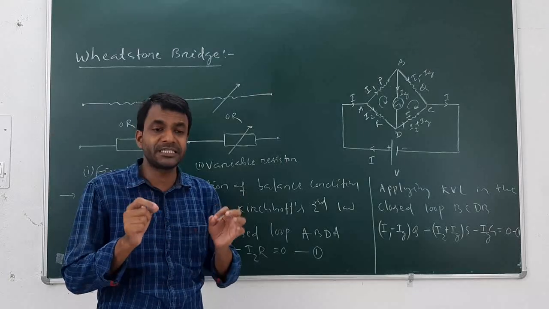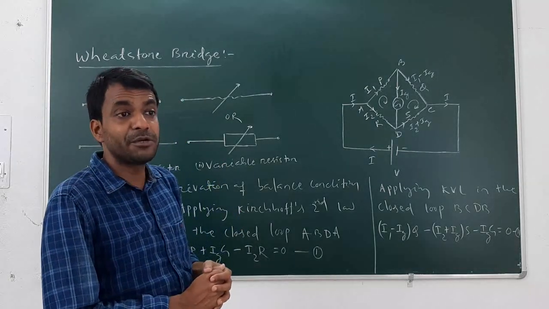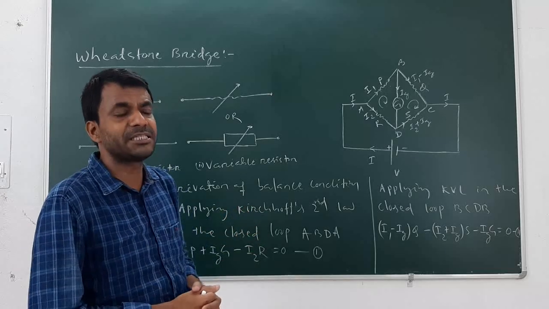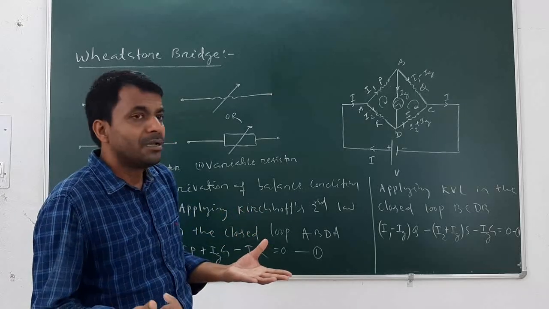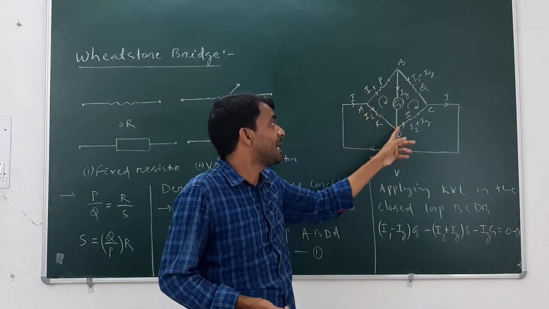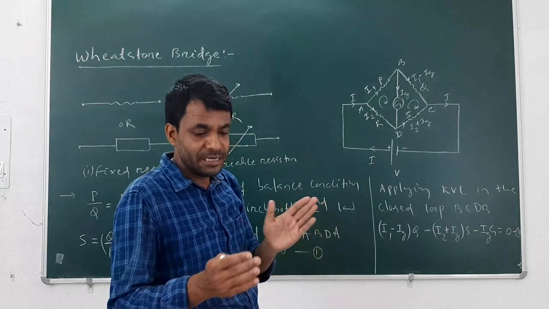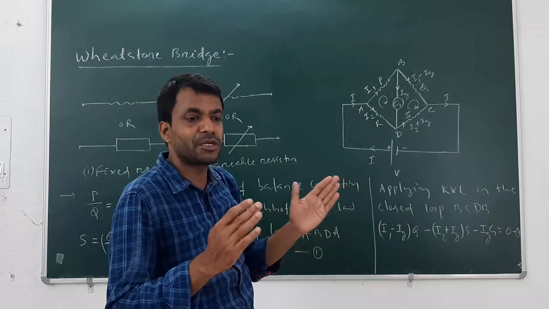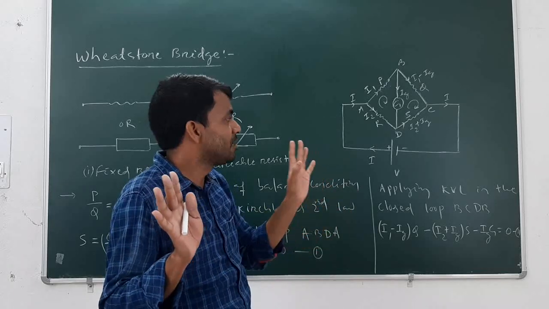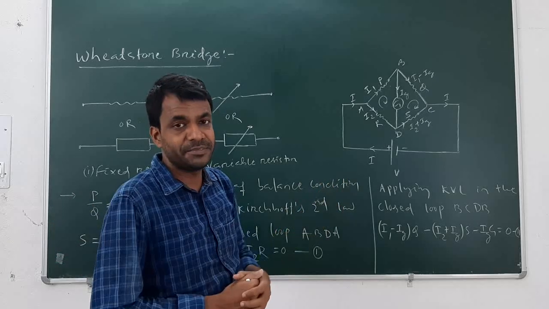What is the condition of the Wheatstone bridge so that it is said to be in balanced condition? When the potential difference between the terminals B and D, meaning across the galvanometer, is zero, then the Wheatstone bridge is said to be in a balanced condition.